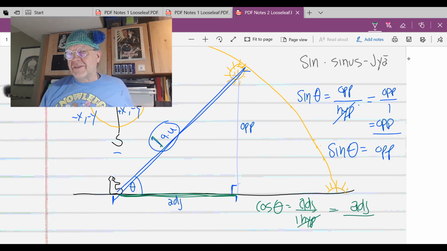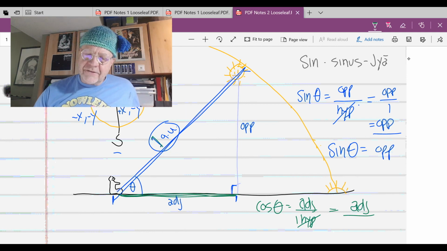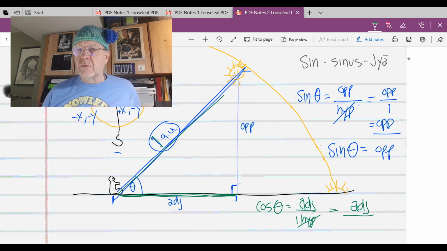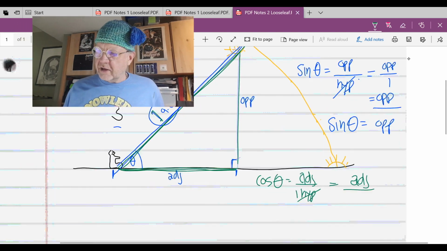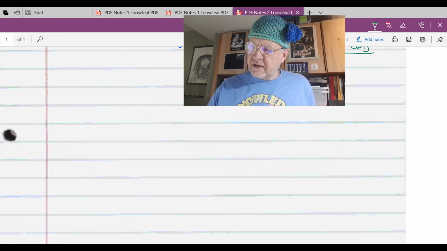And so that gives us, again, a slightly different definition of sine and cosine, as long as we define the hypotenuse as being equal to 1 unit. In that case, sine theta is simply equal to the opposite side, and the cosine theta is equal to the adjacent side.